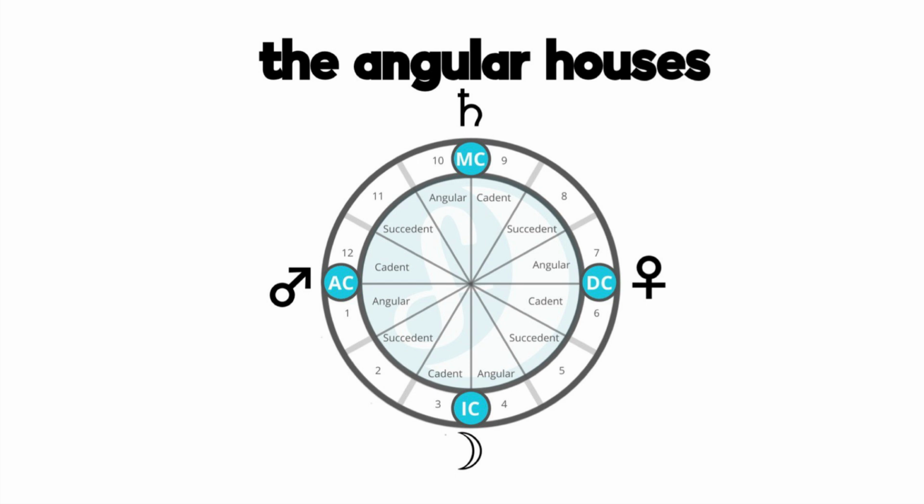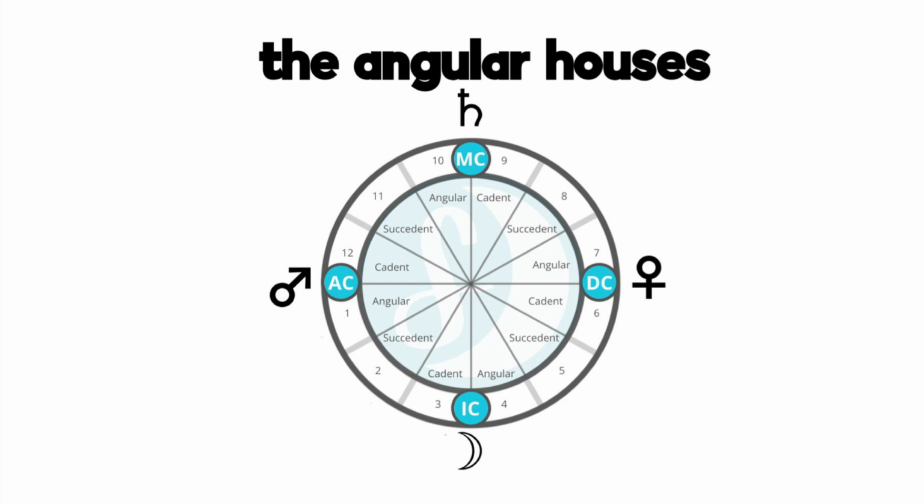So the first house, your ascendant, this is your first house cusp. And the sign that is located there, along with the degree and the minutes, matter. This house is the birth. It's the beginning. This is going to be the house that represents your self-identity, your physical appearance.